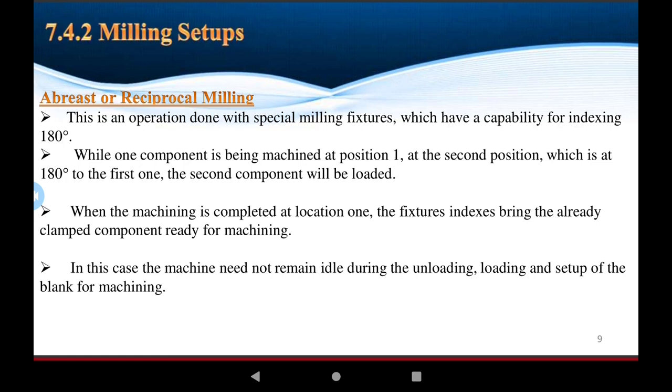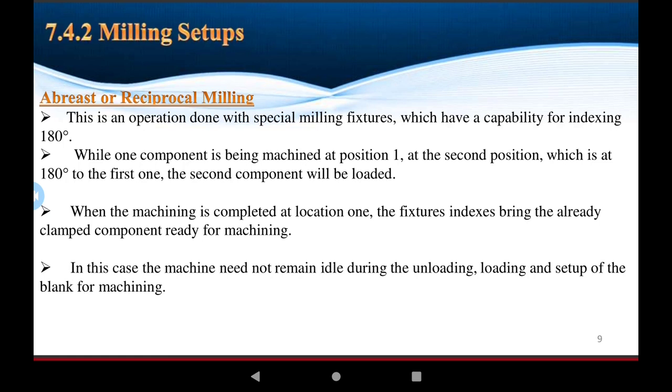Once the second component is completely worked on, with the workpiece turned 180 degrees, the first and second components are loaded. One component gets a smooth finish, and after another 180 degrees a new component is loaded.